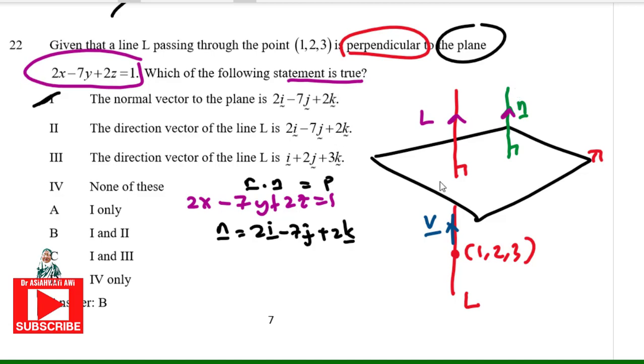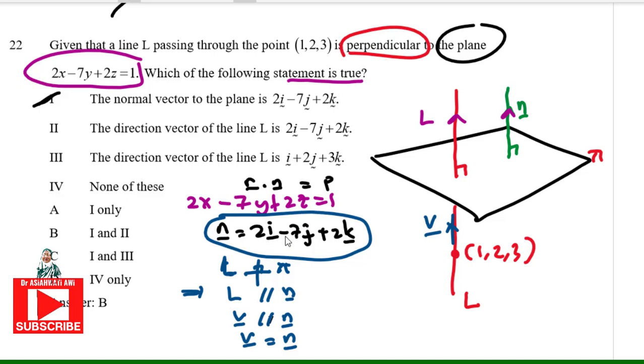Since L is perpendicular to plane pi, it implies that L is parallel to N, so V is parallel to N, or V is equal to N. N is equal to 2i minus 7j plus 2k, and V is also the same. So this statement is correct, true.